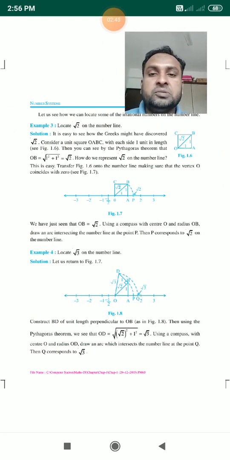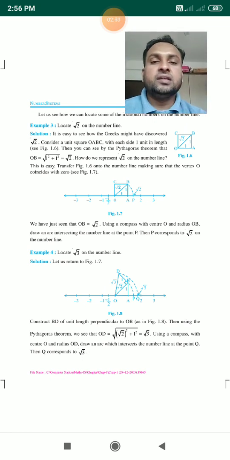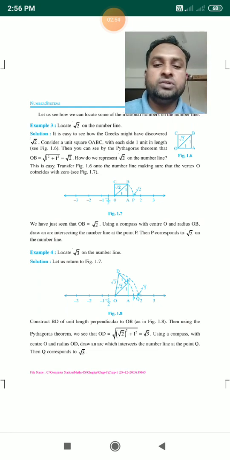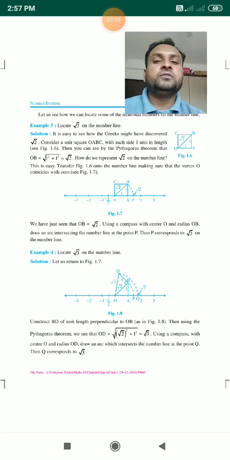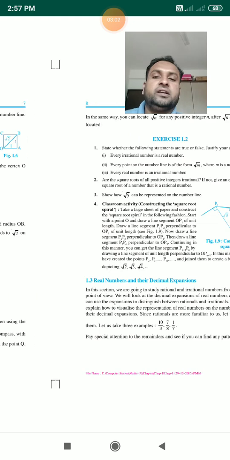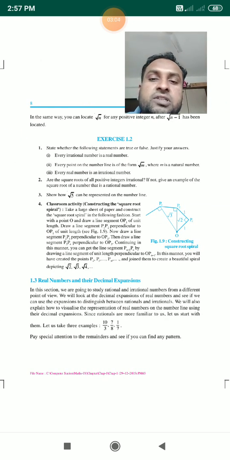This is a representation of irrational numbers on the number line by making a perpendicular, and you have to take these distances as 1 unit. Then by compass you have to represent the irrational numbers on the number line, and you have to write the few steps here. Clear?